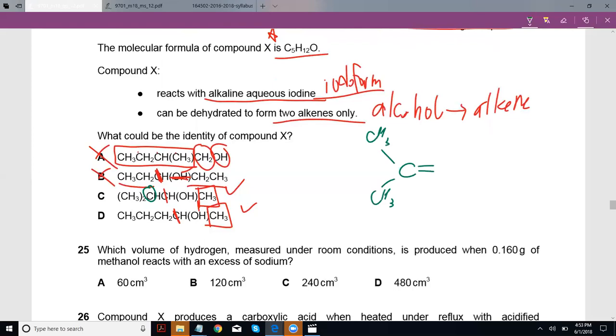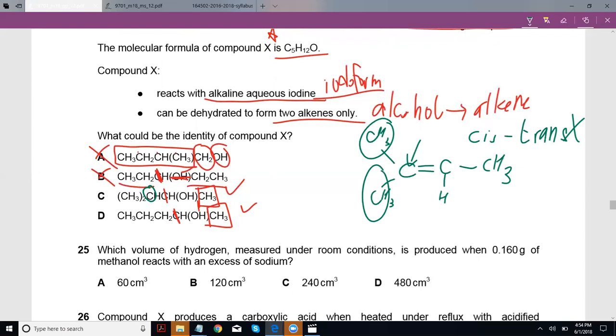So this would be a double bond, and this would be CH3. In fact, I believe this would give you just one type of alkene, because it can't undergo cis-trans. The carbon on the left-hand side has the same group attached, so it can't really undergo cis-trans. Are we justified in saying that? Yep, we're justified in that. So we can cross out C, which kind of obviously gives us our answer of D. But let's explain D anyway.